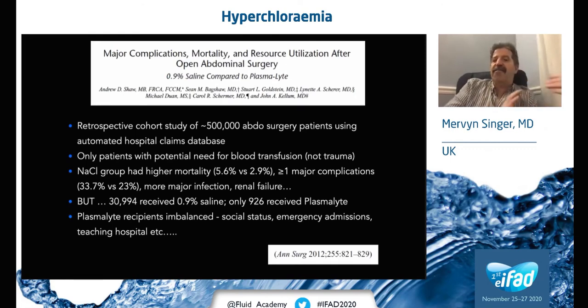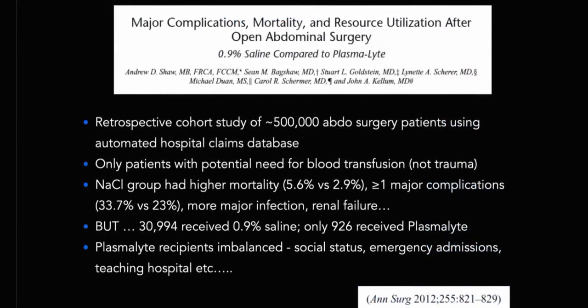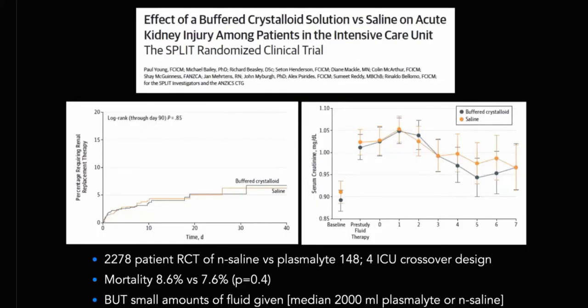However, the vast majority of patients received saline. Only less than 1,000 received Plasma-Lyte, and there was an imbalance: social status, emergency admissions, the hospital where it was given, etc. So again, this wasn't a matched prospective trial.